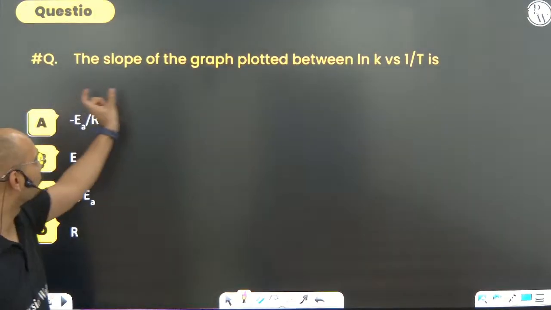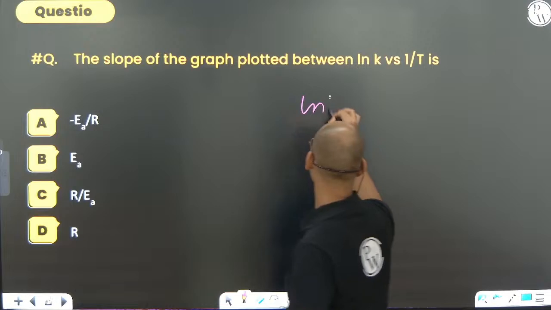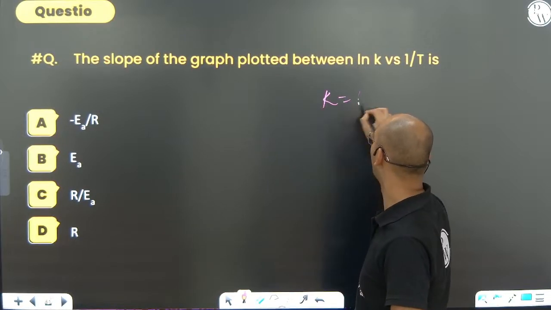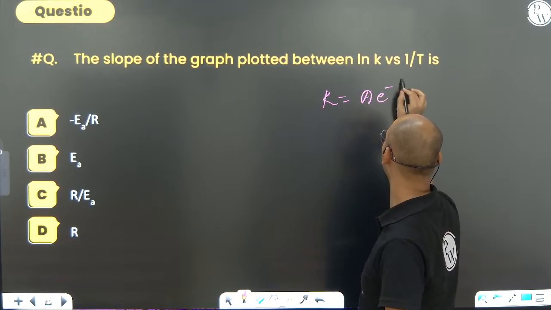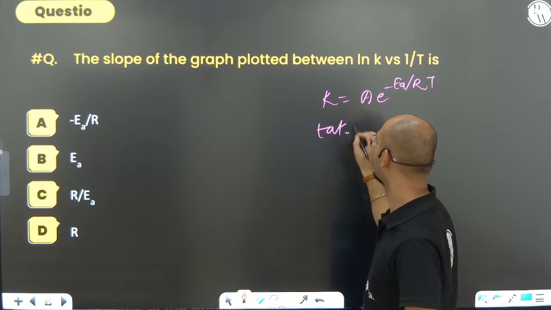Next, the slope of the graph plotted between ln K and 1 by T will be what? K equals A into e to the power minus EA by RT. Take natural log.